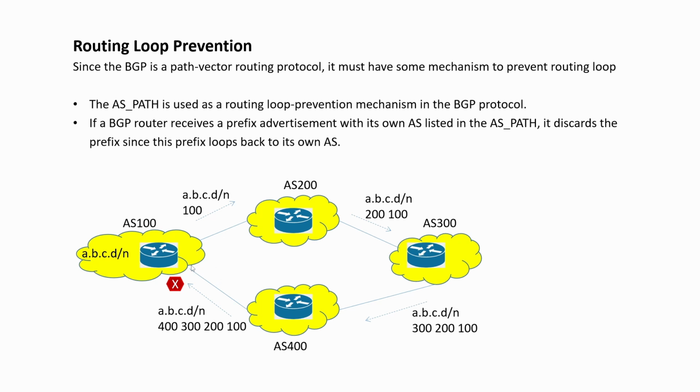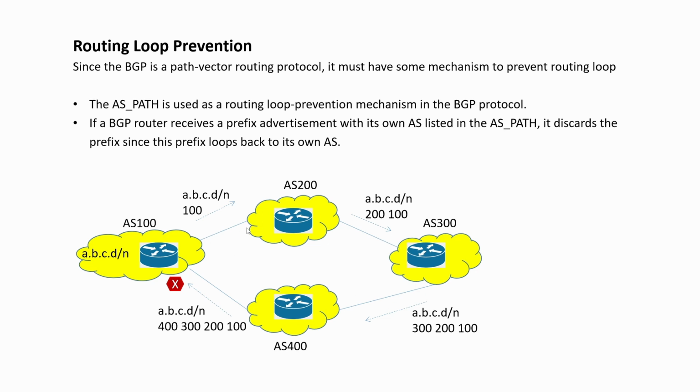Since AS100 thinks the prefix A.B.C.D from AS400 is the best, it will send the traffic towards AS400. AS400 learned the prefix from AS300, so 400 sends the traffic to 300. Then AS300 learned it from 200, so it sends it back to 200. So the traffic loops around until the TTL goes to 0.